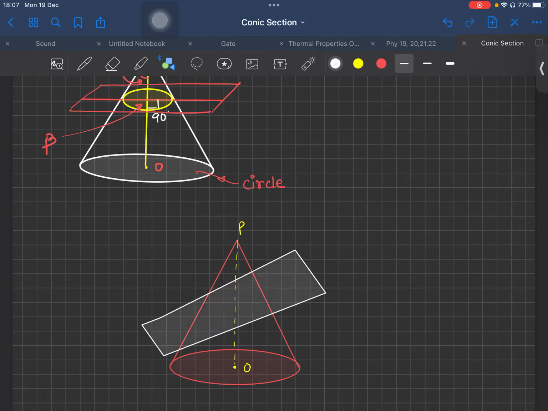On this plane you are cutting it, so it is intersecting at this point, right? That means this is the line we are talking about.